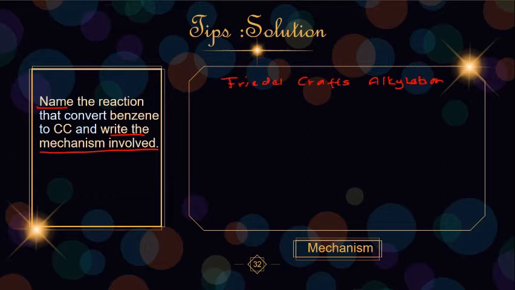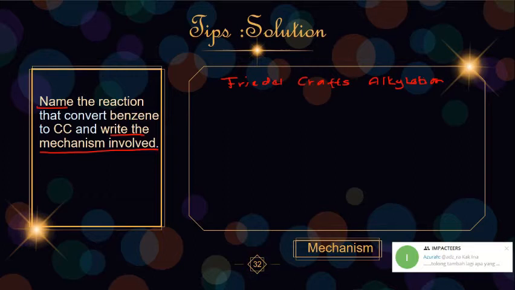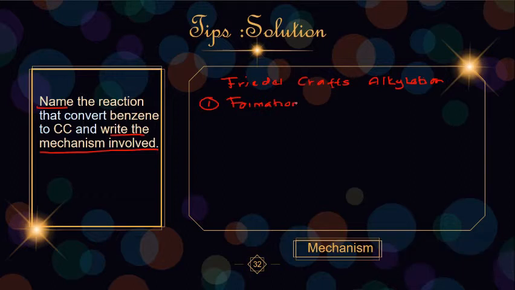Okay, for the Friedel-Crafts question, you have 3 steps that you need to follow. The first step is formation of the electrophile. If you look at the structure, you need to use the reagent and catalyst here. So what is the reagent that you use?